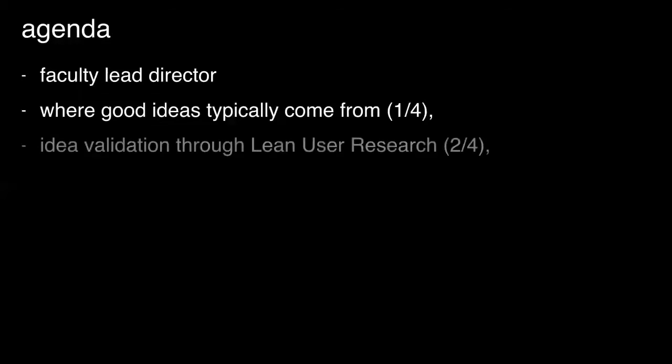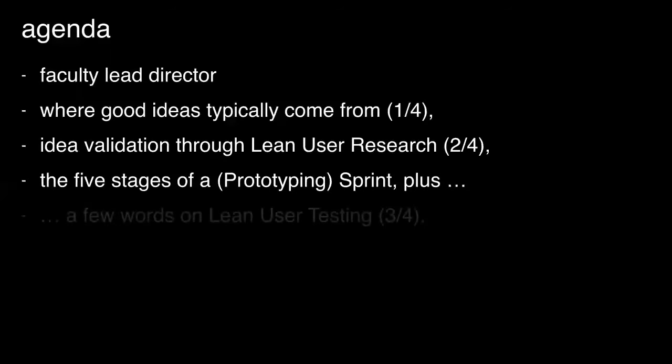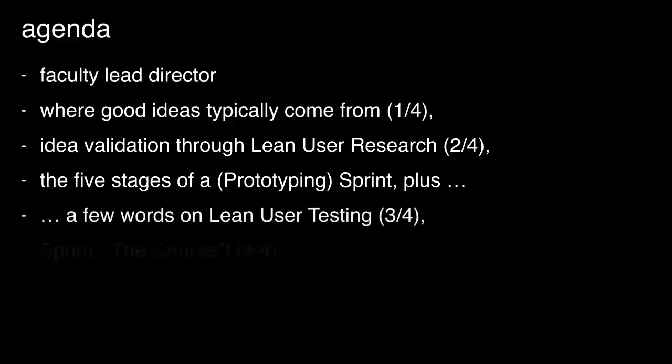So the agenda for the day: I'll be giving you a bit of an intro to the work that I do at Columbia and beyond, and dividing the conversation into 4 parts. Where good ideas typically come from. A few words on idea validation through lean user research. Then I'll specifically talk about the Sprint program that's coming up in December.